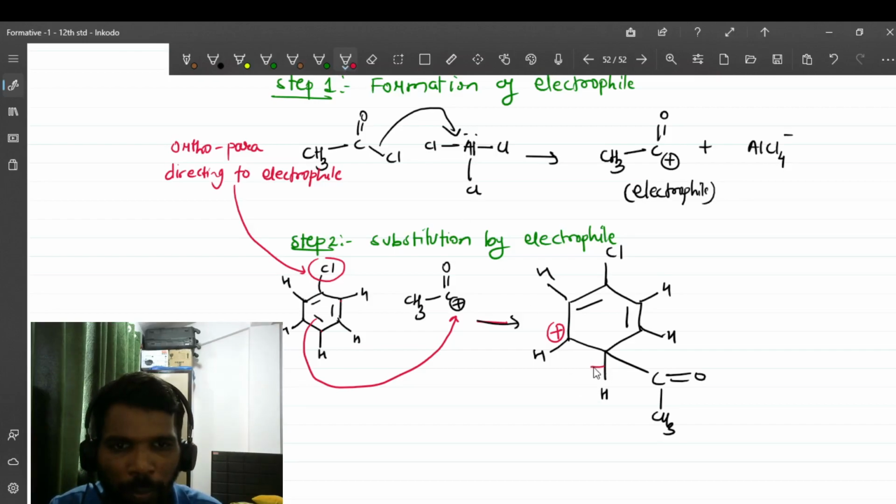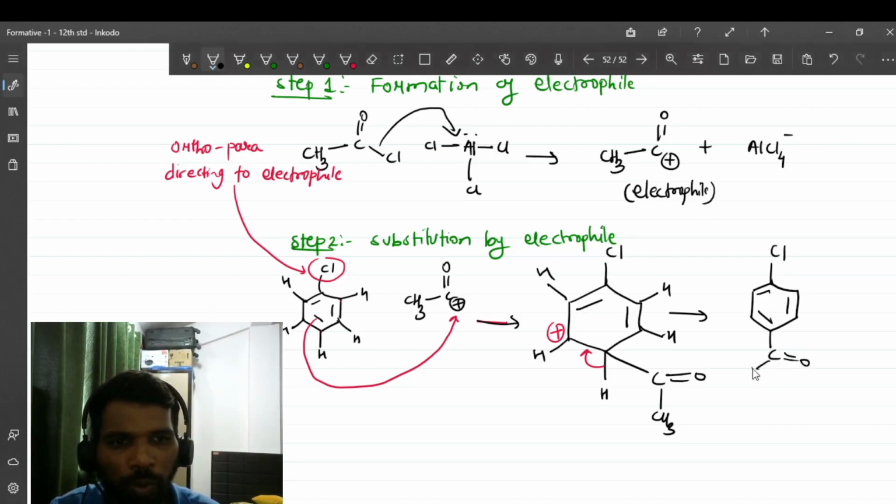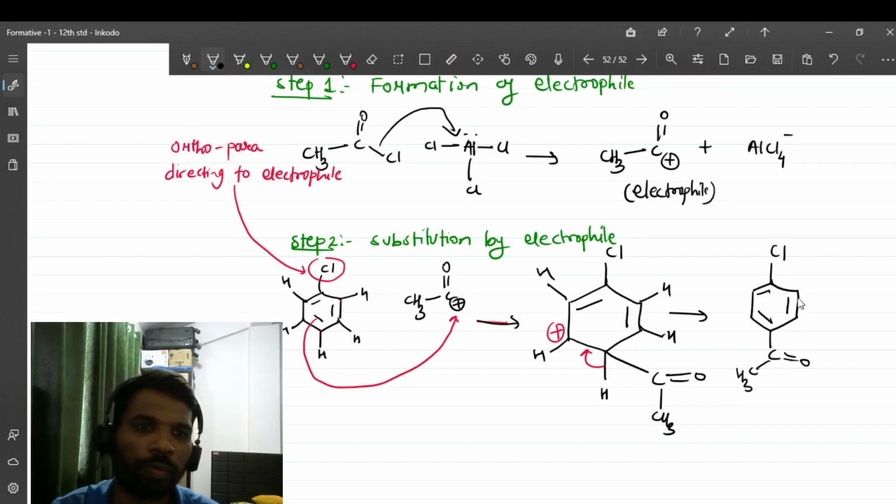To gain that aromaticity back, this hydrogen will be lost further. And the final product, major one only I am showing. Same thing you can do for the minor one. So this is Cl, this is C double bond O, CH3. That's it. So this is the major product.